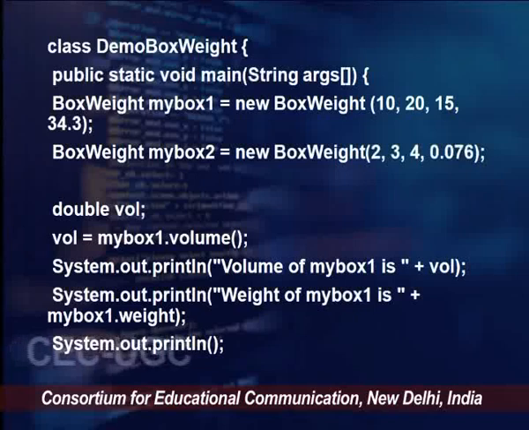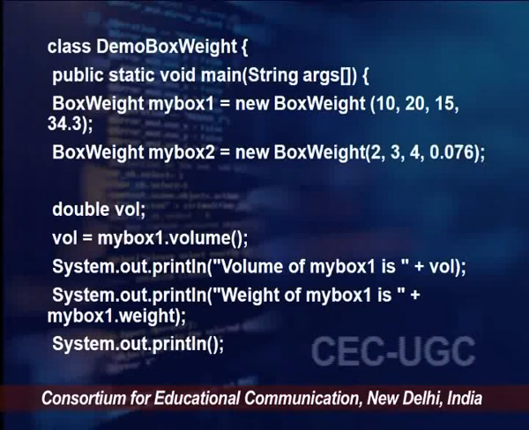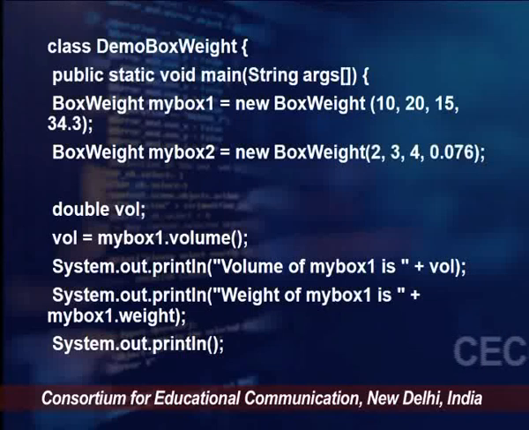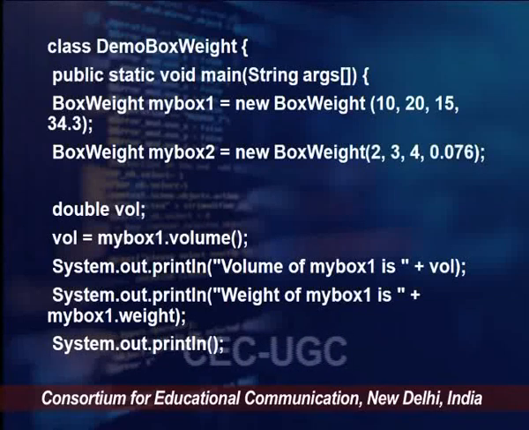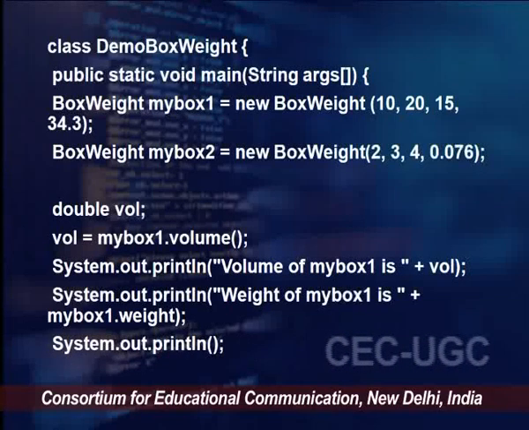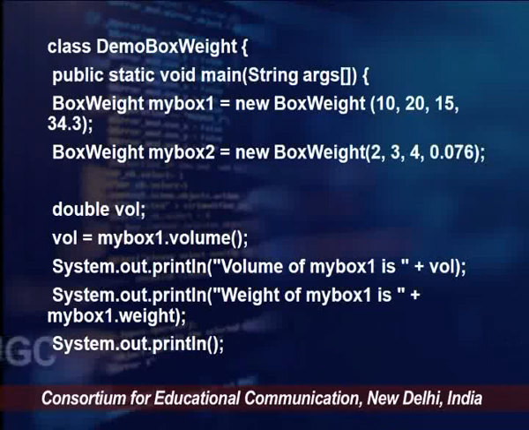So now we are going to create two objects in another class which is going to define our main function. So we have here class DemoBoxWeight, in which we have defined main, public static void main, as you all are aware, and we have created 2 objects of the class BoxWeight.